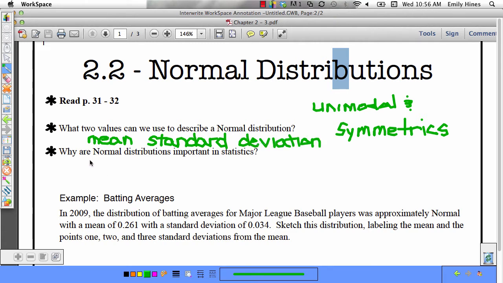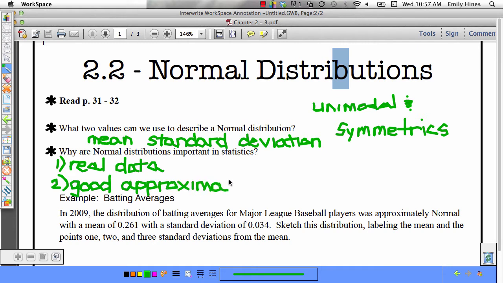Okay, the normal distribution is important to us because, one, it describes a lot of real data sets. There are many things that occur in the real world and in our lives that approximate a normal distribution. And in addition to that, it's a good approximation of chance outcomes. So if you have something that can occur randomly, the normal distribution gives you a good approximation of that.